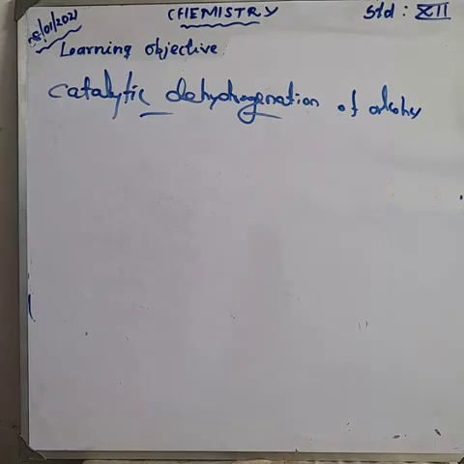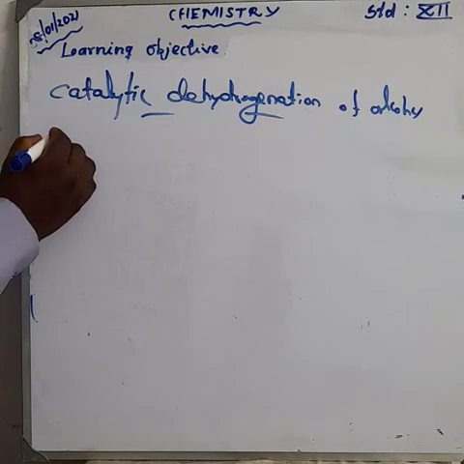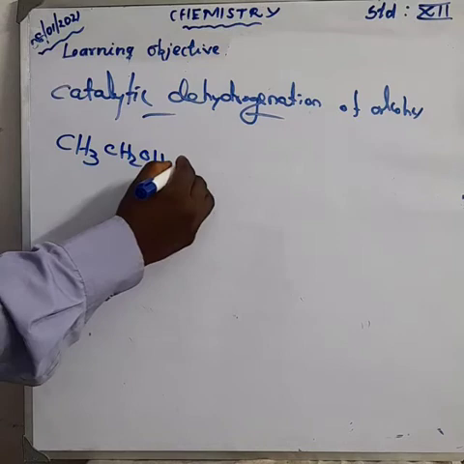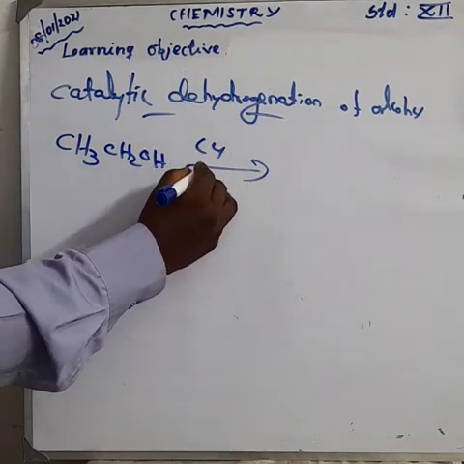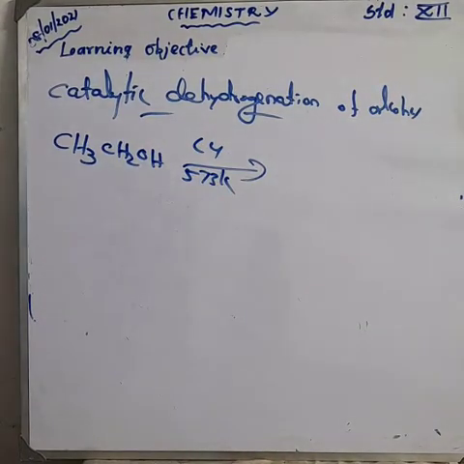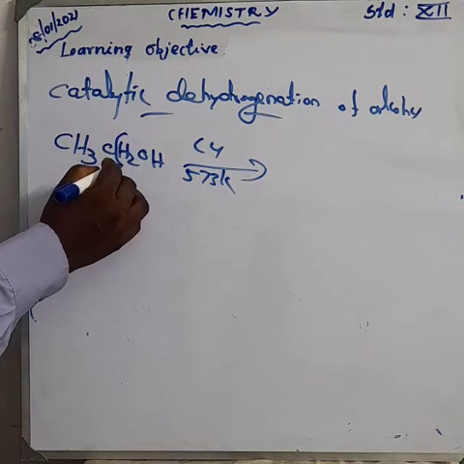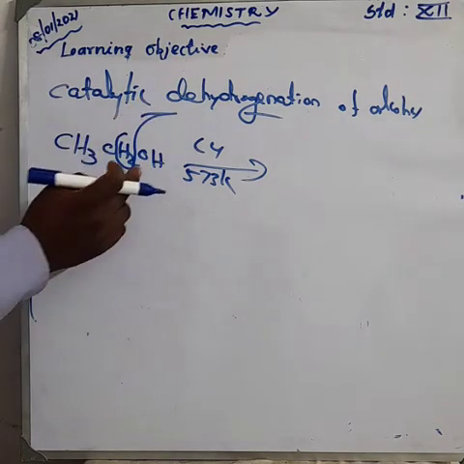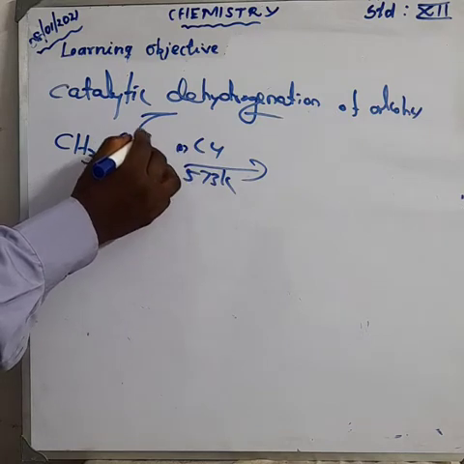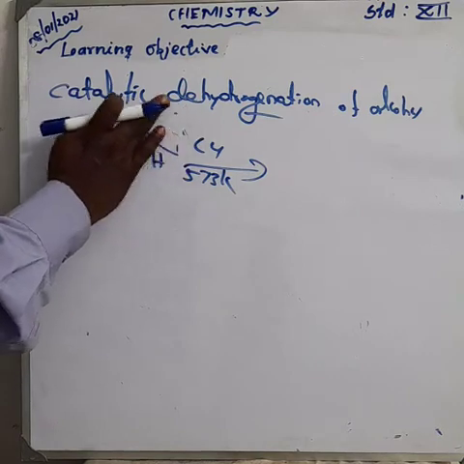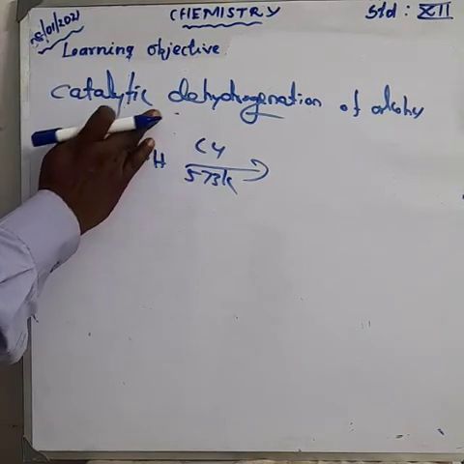Catalytic dehydrogenation of alcohol. Here we take a primary alcohol, CH3CH2OH, which reacts with copper at 573 Kelvin. Try to learn this concept: the alcohol is converted to aldehyde. Here we can say dehydrogenation, that is removal of hydrogen.